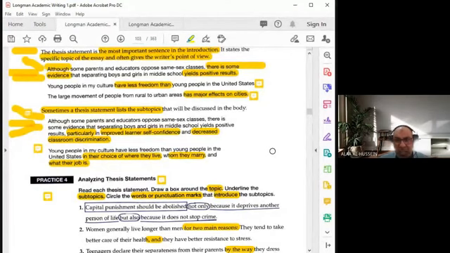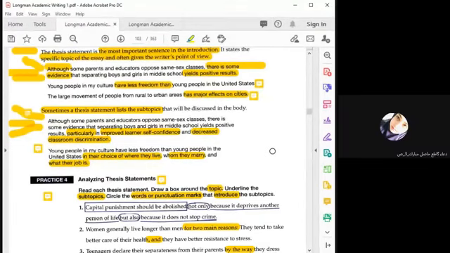Since the writer has 2 subtopics, this tells us what? Students, this tells us what? If we have 2 subtopics in the thesis statement, repeat it again. Tells us what?